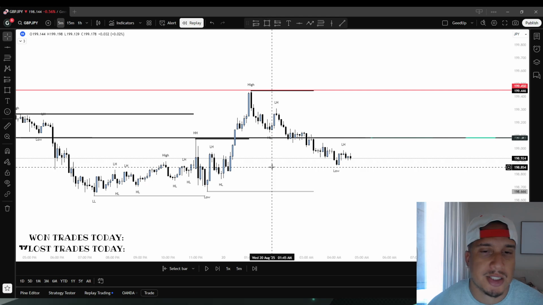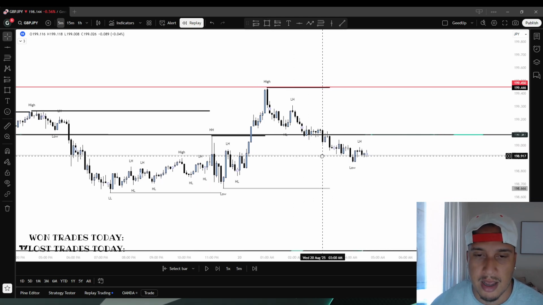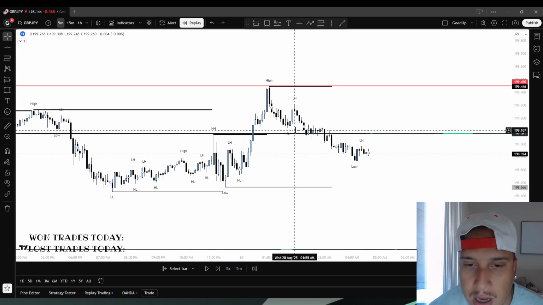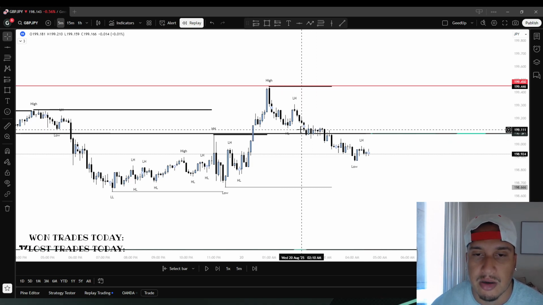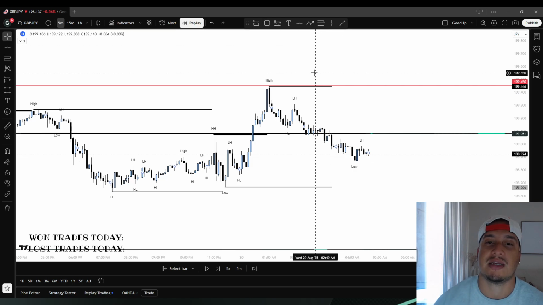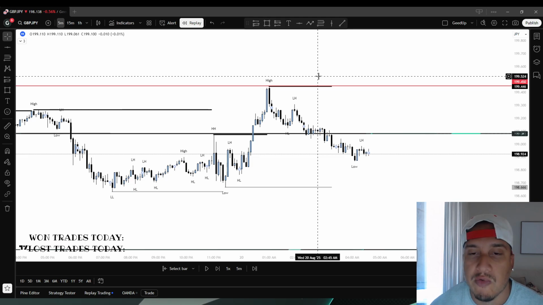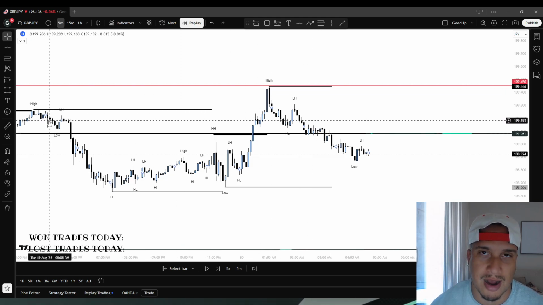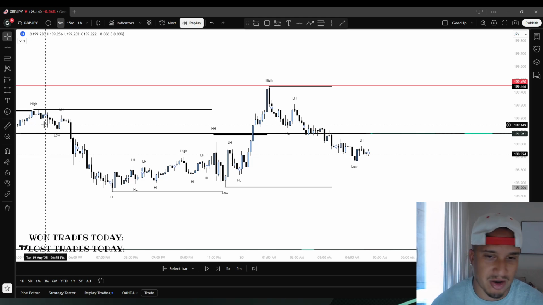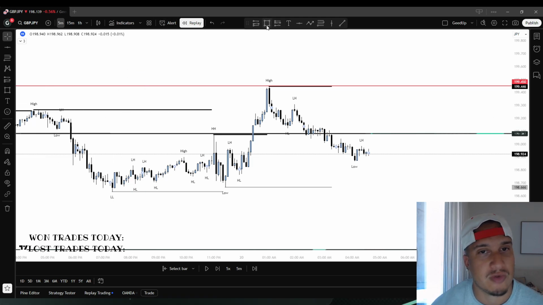Does that make sense? So if you get a lower high, you are looking for that to be under a previous higher low. If you cross resistance and get a higher low, you are looking for that to be over a previous lower high. I know that might be kind of confusing, but it's really simple.